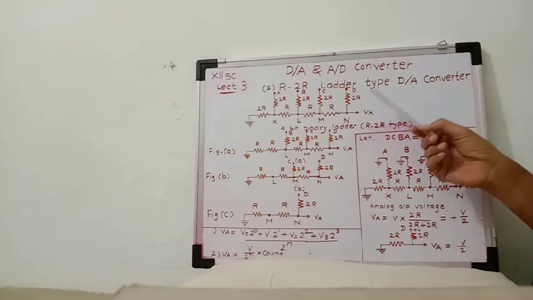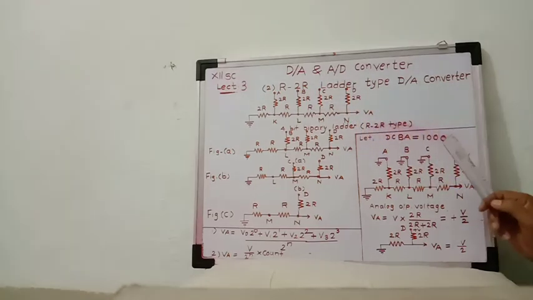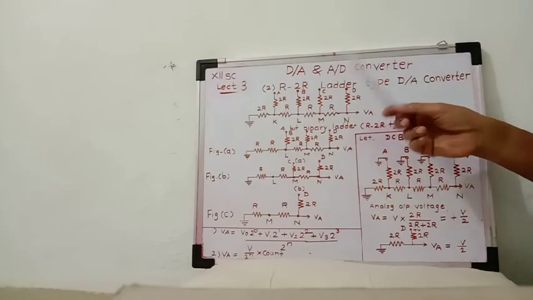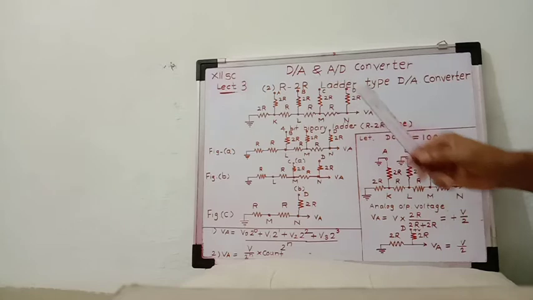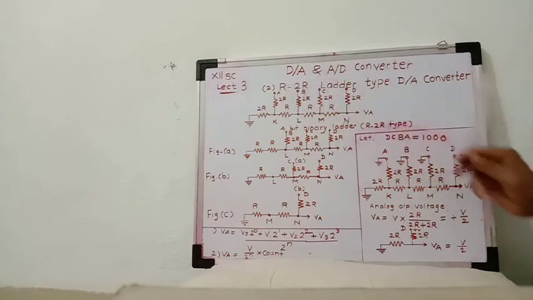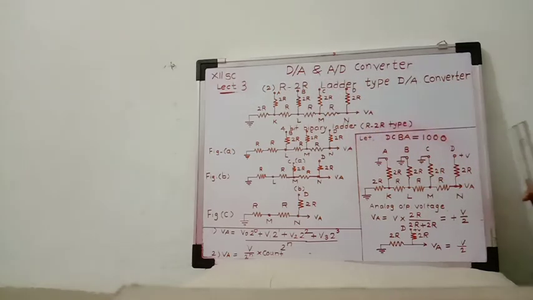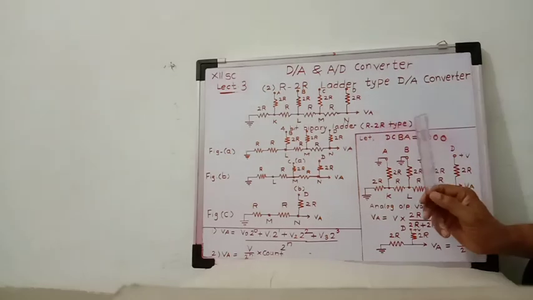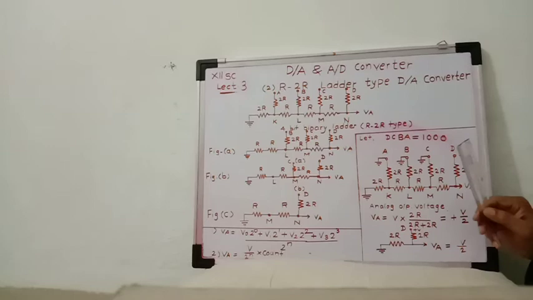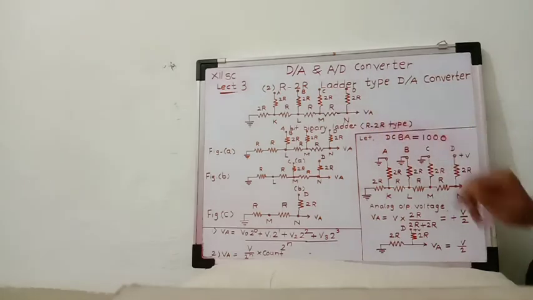This ladder uses resistors of only two values, R and 2R. Only two types of resistors are used, R and 2R.